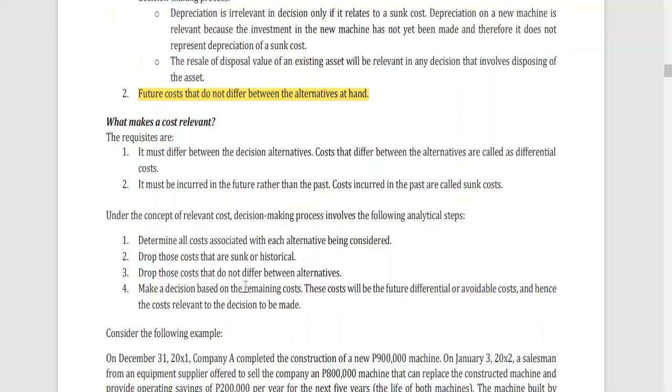Drop those costs that do not differ between alternatives. So katong do not differ, these are the unavoidable costs. Make a decision based on the remaining costs, and these costs are what we consider as the avoidable costs or the future differential costs, and therefore the costs relevant to the decision to be made.